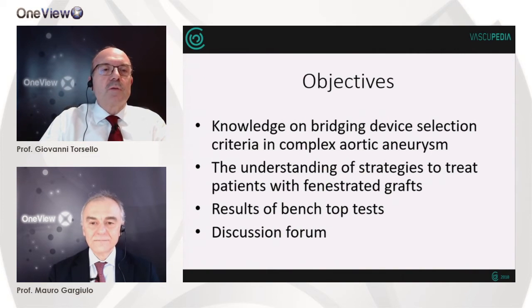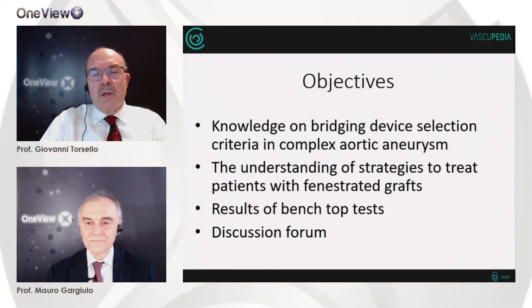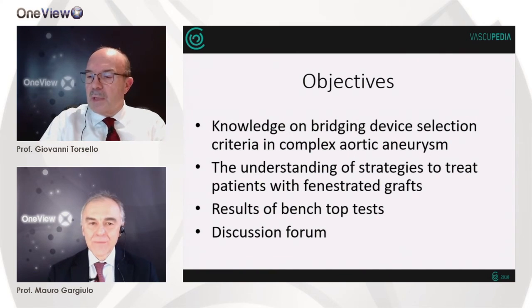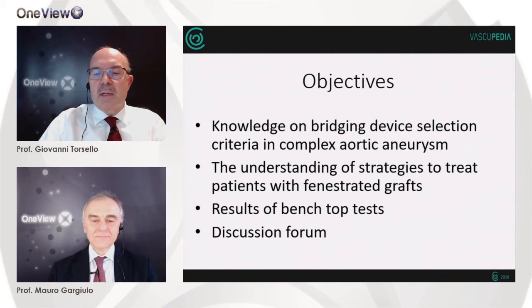So Professor Gargiulo will show later on a case treated with the fenestrated grafts and with the new bridging stents, the VBX, the balloon expandable Viabahn. And we would like to discuss with you, but before we do it, I would like to introduce the stent.